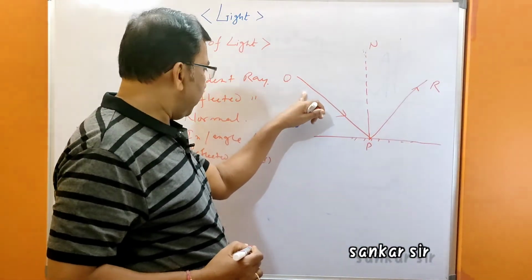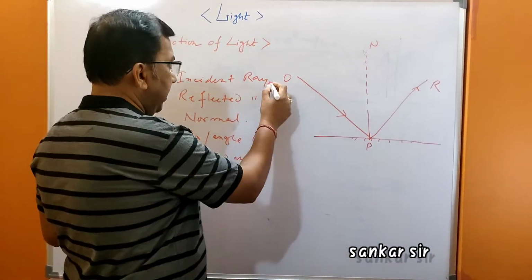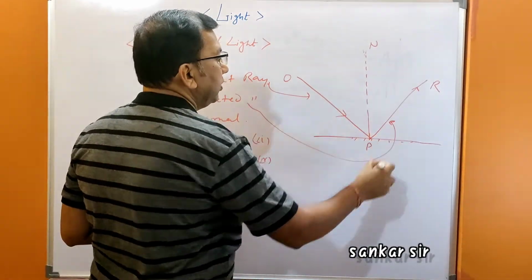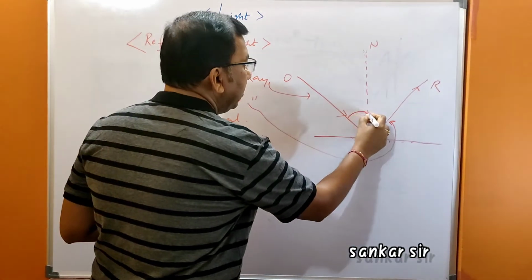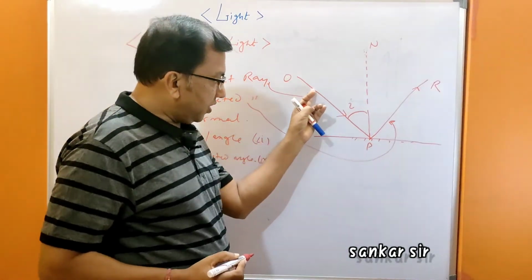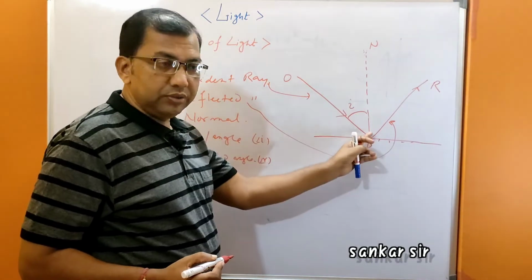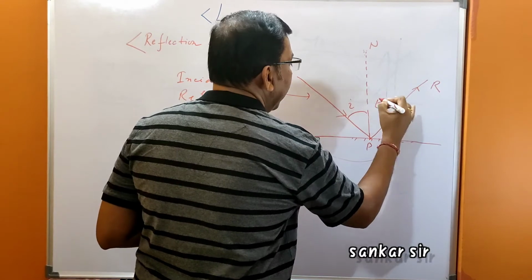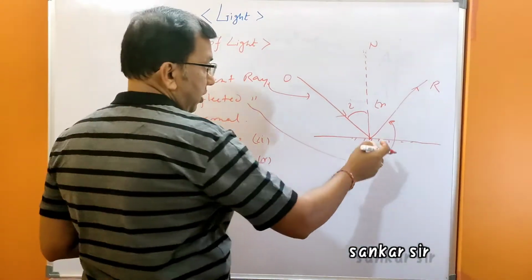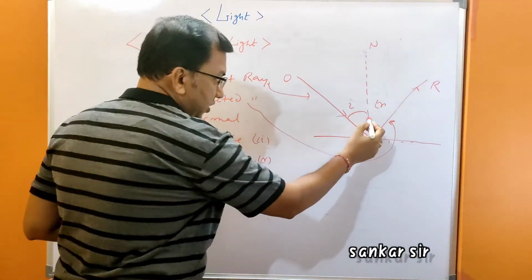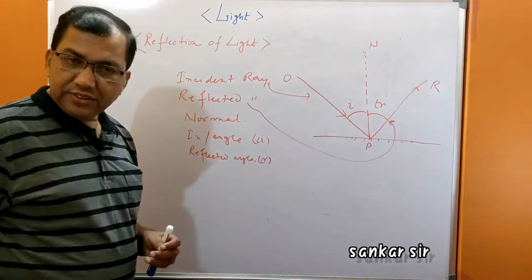The incident angle I is the angle between the incident ray and the normal. The reflected angle R is the angle between the normal and the reflected ray.